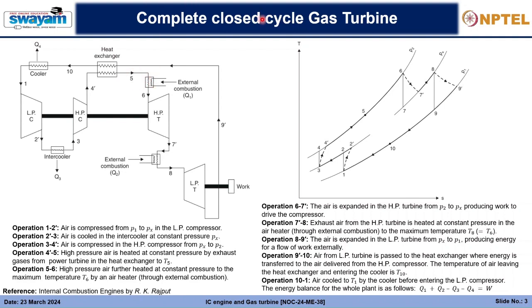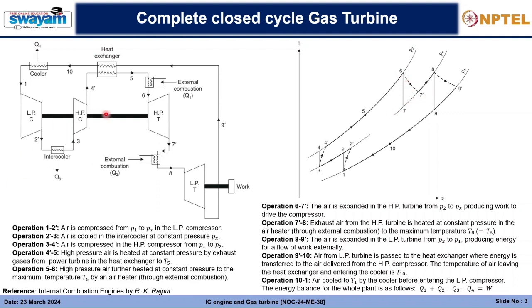In the closed cycle gas turbine, 5 to 6 is the heat supplied, 4 to 5 is the heat supplied by the heat exchanger, and 6 to 7 is the process inside the high pressure turbine. But we cannot achieve isentropic processes, so we will have to go through 6 to 7 dash.